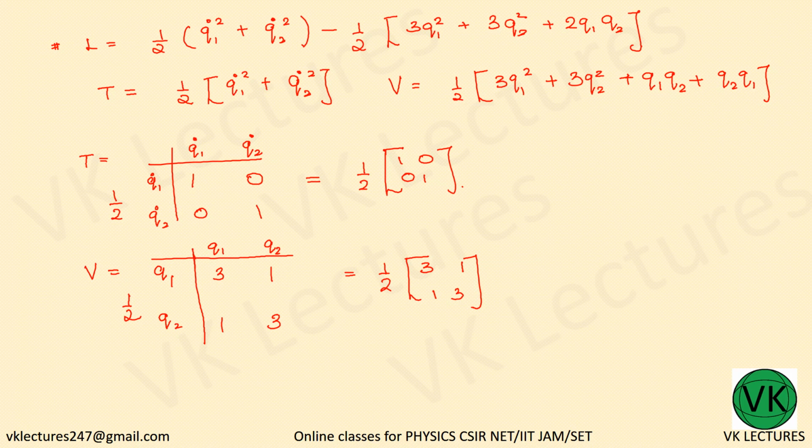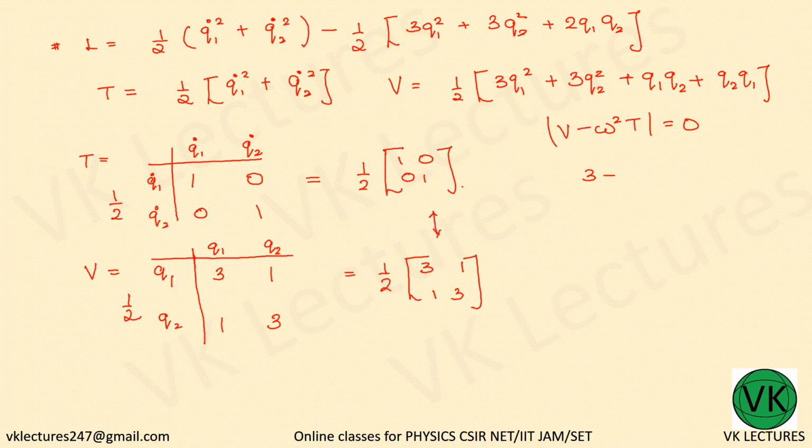Now applying the secular equation, V minus omega squared T is equal to 0. So V is this. Just combine these two equations.